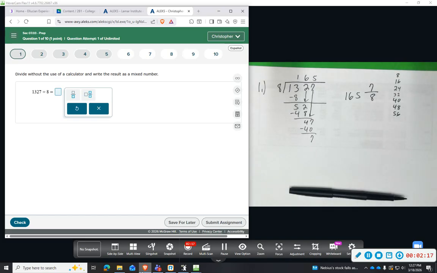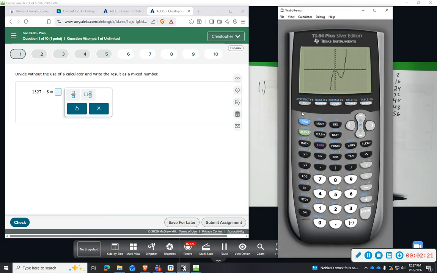Now, it wants us to do this without a calculator, but you can check if you have a graphing calculator. Let me erase this. Second, plus, 712. If you know that process, it just clears everything out. So if I do 13/27 divided by 8, it shows me the decimal form.